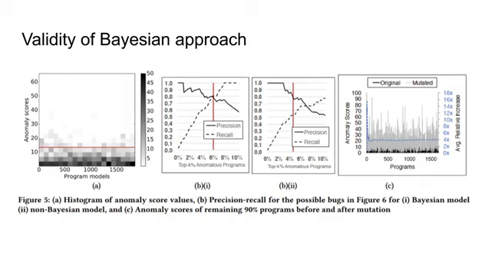So I'll start with figure 5, which is pretty telling about the validity of the Bayesian approach for anomaly detection. In particular, you could focus on the graphs B1 and B2, right there in the middle. Those are detecting things like precision and recall. Precision here is how many detected anomalies are actually bugs, and then recall is how many of the actual bugs were detected.